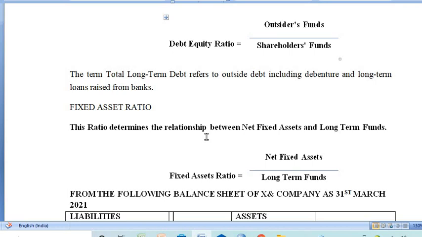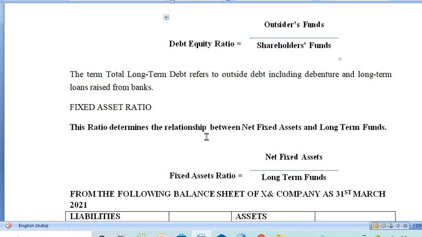Then the last ratio under the solvency ratio is the fixed asset ratio. This ratio finds the relationship between the net fixed asset and the long-term fund. You already know the term fixed asset.